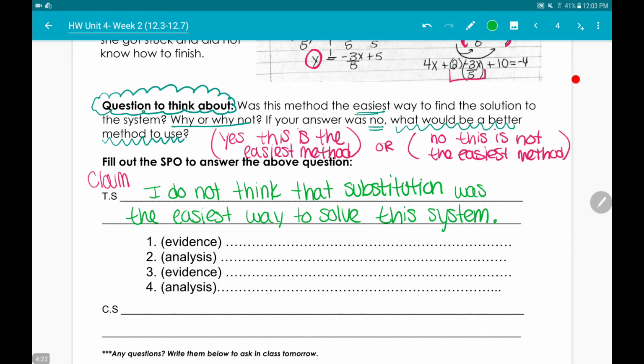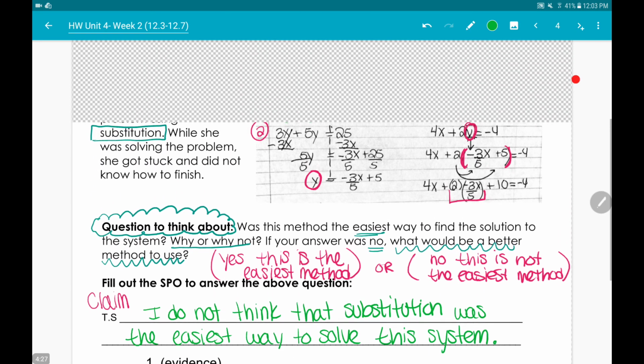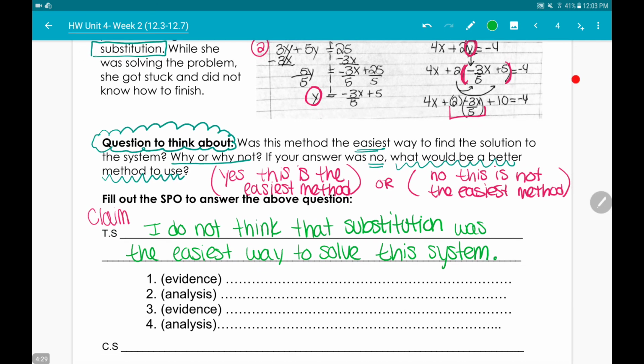Okay, so evidence 1, I already mentioned. Okay, I don't think it's the easiest because like terms, and remember, when we have these lines, solid line means complete sentence. Dotted lines just means quick notes.